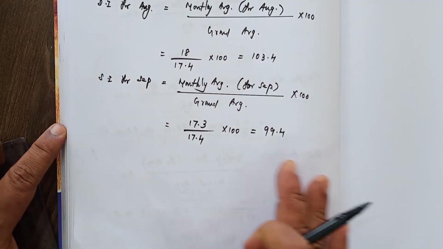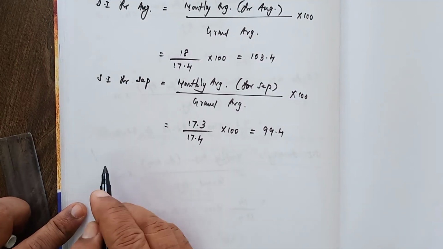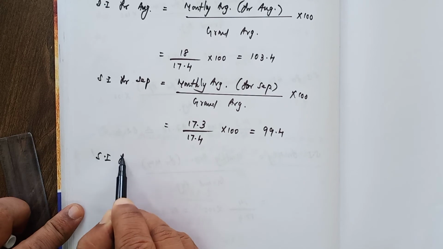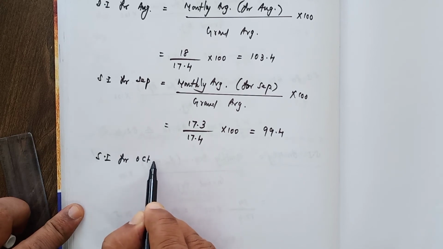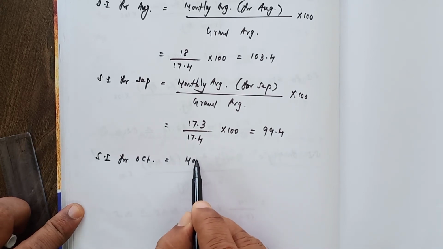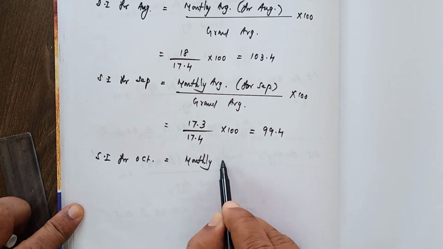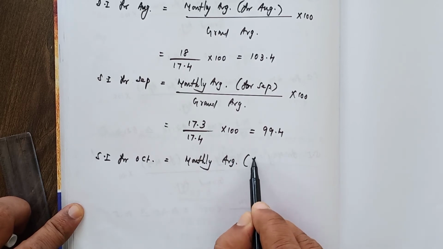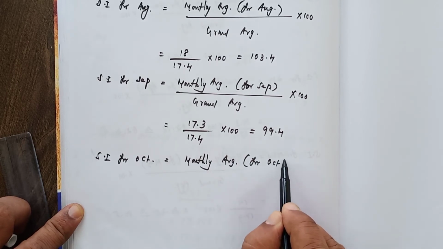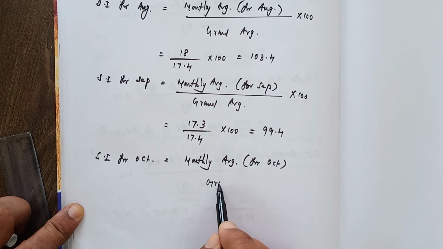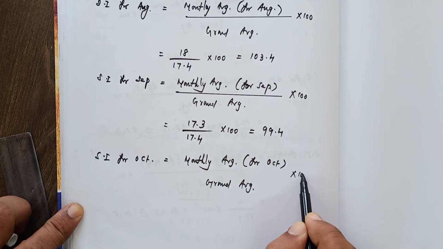Next to September, October. Seasonal index for the month of October equals monthly average for the month of October divided by grand average into 100.